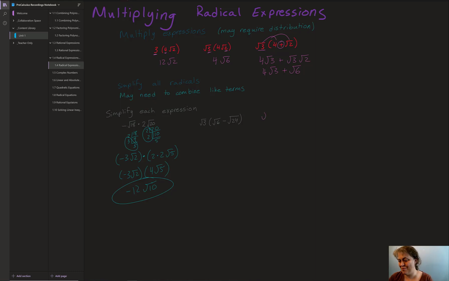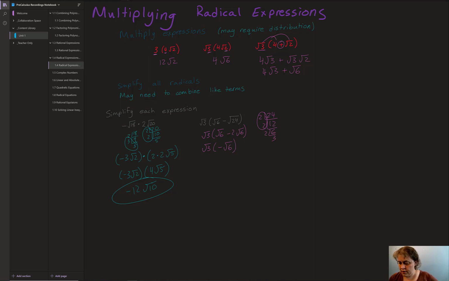I don't want to make this number bigger. I'm so tired of these factor tree ladder thingy-ma-choppers. 2, which is 6. 2, which is 3. These guys can escape, so that's square root 3, square root 6, minus 2, square root 6. Oh, well, hold up. That stuff inside the parentheses? Those are like terms. I can combine them. That would become negative square root 6, because it's a 1 minus 2.